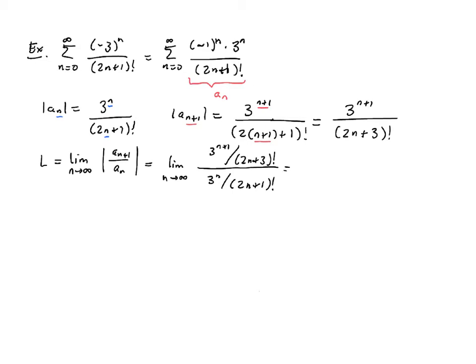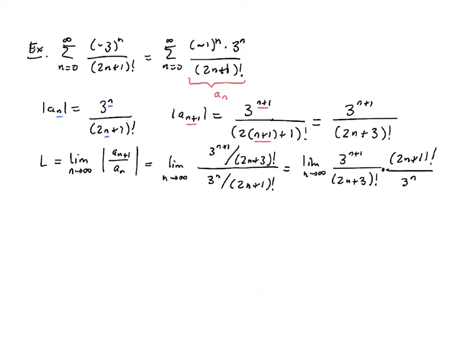Now I'm going to do a little bit of algebra. That fraction in the denominator, I'll flip it upstairs. So we end up with 3 to the n plus 1 over 2n plus 3 factorial times 2n plus 1 factorial over 3 to the n.